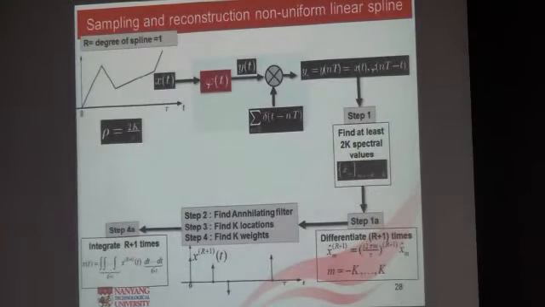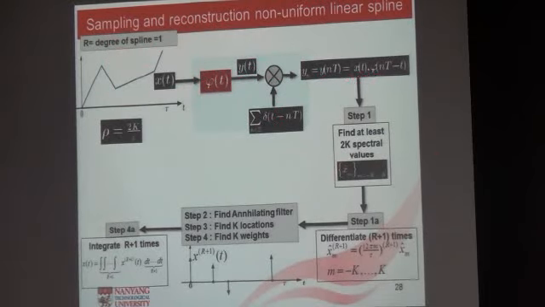Okay, so here, how do we apply the FRI scheme for the non-uniform linear spline? Well, here I assume that it's a non-uniform linear spline, so a spline of degree 1. And what I need to do is, again, this is a sampling procedure. I filter with a sinc, I sample it, and then I get a uniform set of samples.